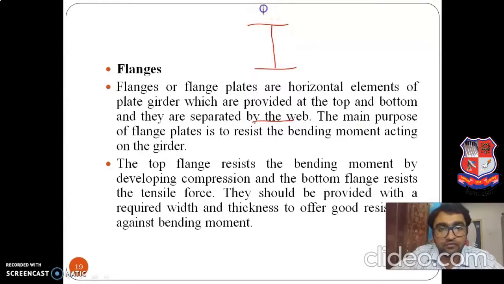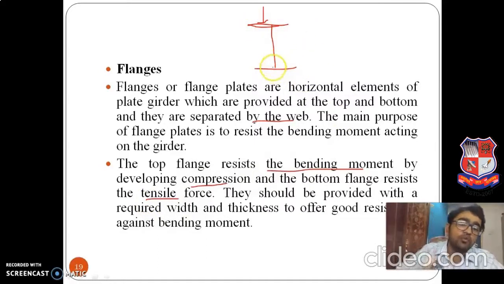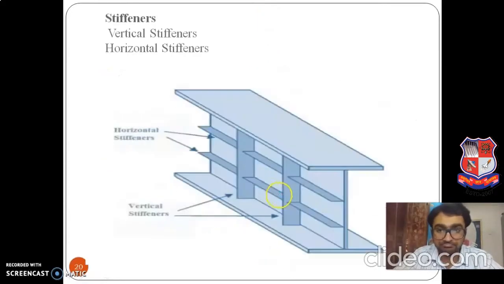The top flange resists the bending moment by developing compression, and the bottom flange resists by tensile force, right? So this is by compression and this is by tensile force. It gives an opposite reaction so that it will be stable. They should be provided with the required width and thickness to offer good resistance against bending moment. It is also very important.